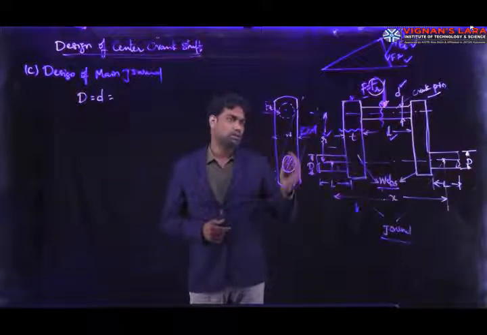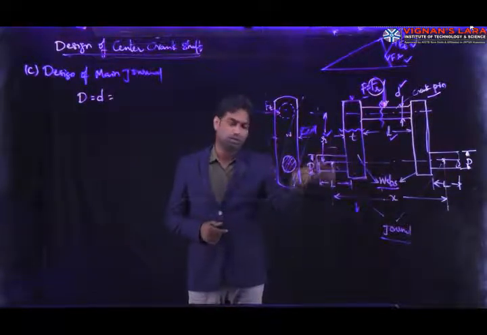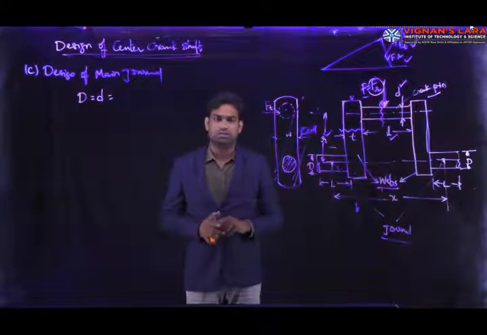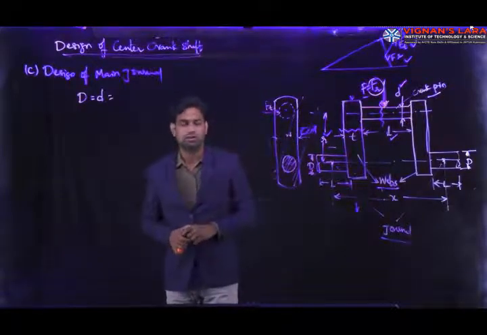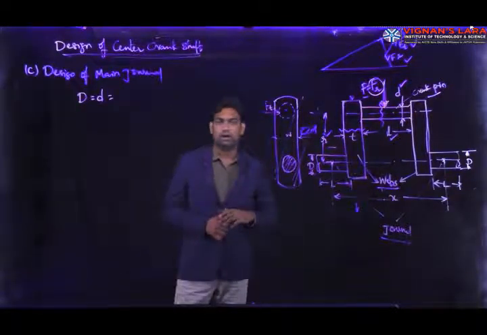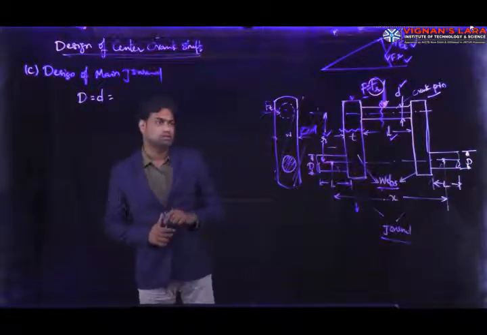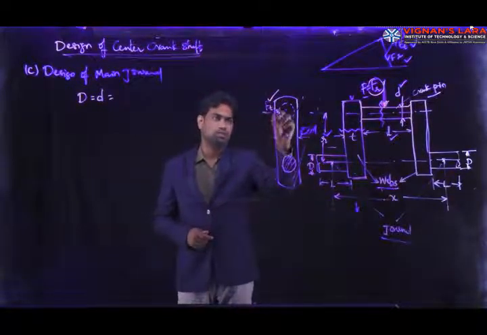Clear? By means of the force acting in this direction, there is no chance of bending of the main shaft here. So the bending stress due to the radial component, as well as the bending stress due to the tangential component, is not induced in this case. Here the only stress induced is due to the tangential force, by means of applying Ft here.